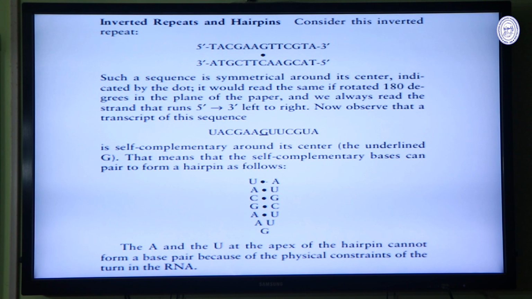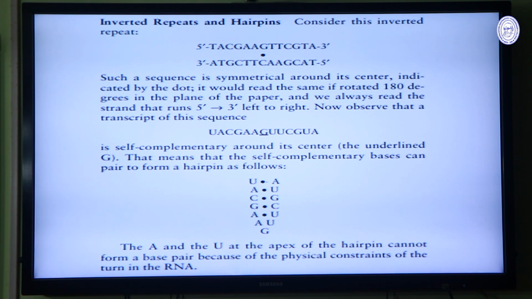The second A from the left and the second U from the right are complementary and will form a hydrogen bond. The third C from the left and the third G from the right are complementary and will form a hydrogen bond. In this way, hydrogen bonds will be formed for 1, 2, 3, 4, 5 nucleotides. The A and the U at the apex of the hairpin cannot form a base pair because of the physical constraints of the turn of the RNA.